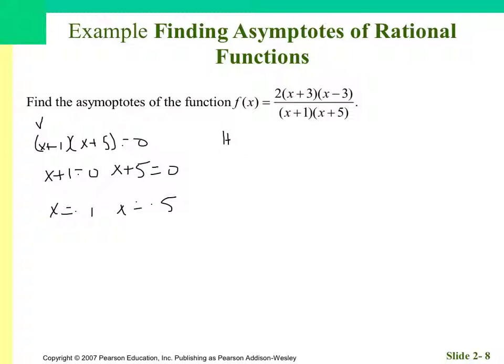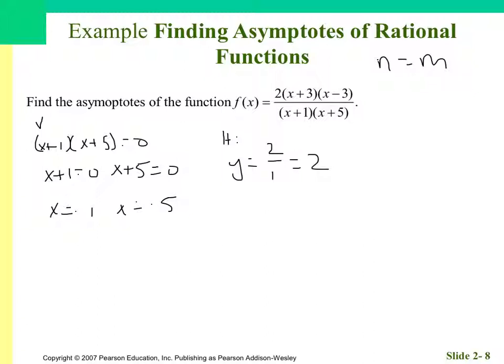Alright, well, the degree is even. So n equals m. So you could either multiply it all out or realize these are in intercept form. So the lead coefficient on the top is 2. Lead coefficient at the bottom is 1. So your horizontal is at y equals 2.